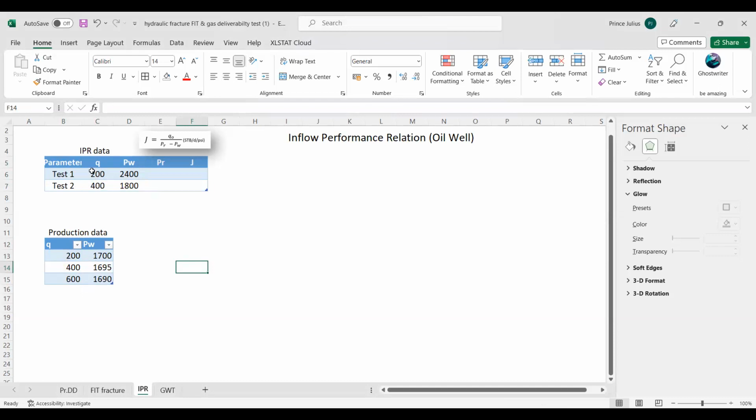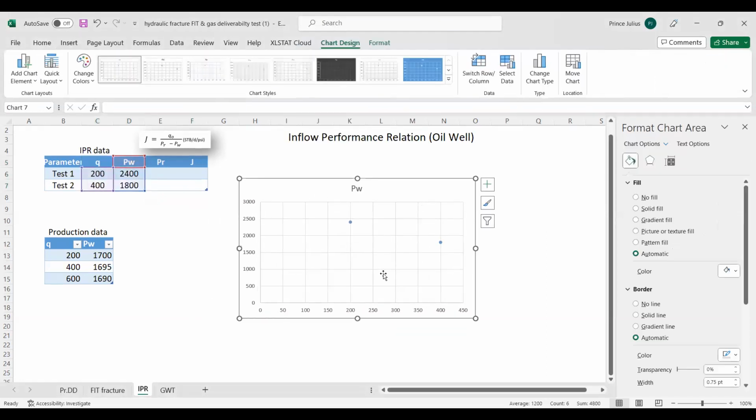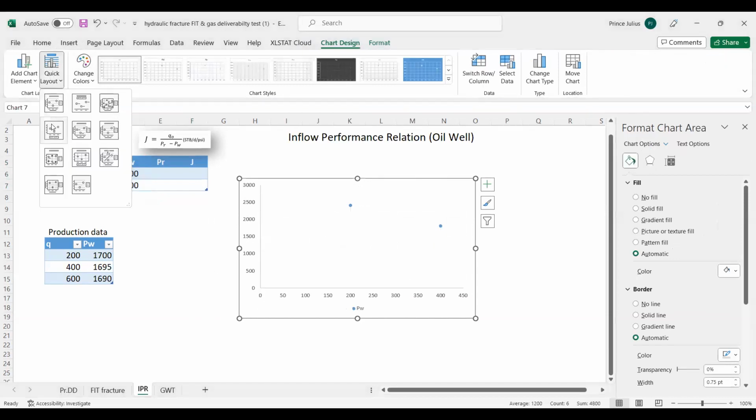So first of all, I'm selecting the x-axis, that is flow rate. And after that, I'm selecting the y-axis, that is wellbore pressure. So I'm inserting a scatter plot. So I got 2 points on the axis. I have to quickly adjust the values.